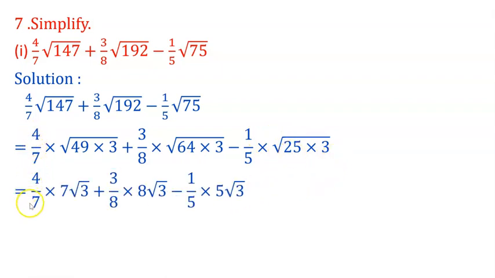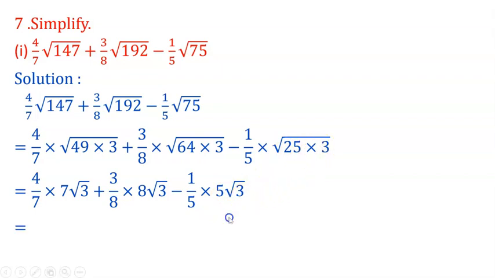Next, 4 by 7 is as it is. Root of 49 is 7. And next, root 3 plus 3 by 8 as it is. Root of 64 is 8 into root 3, minus 1 by 5. Root of 25 is 5 into this root 3.